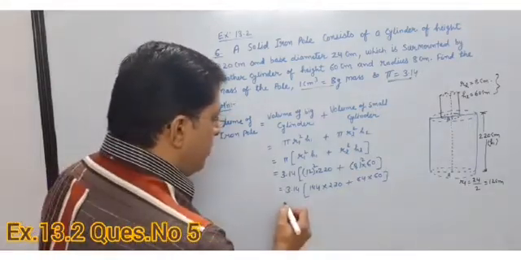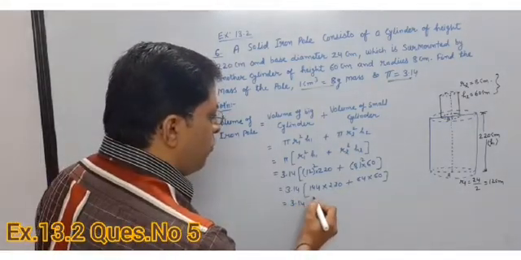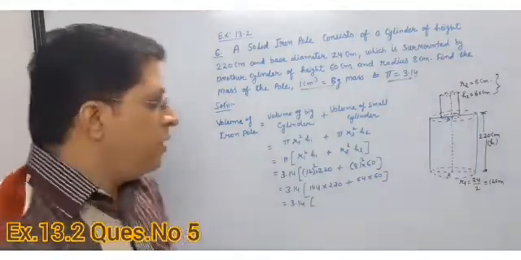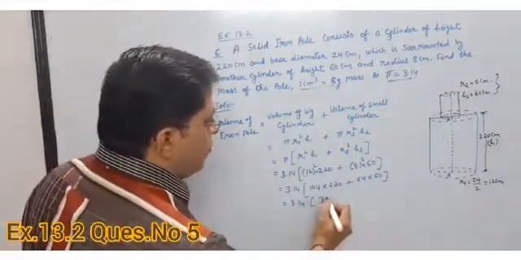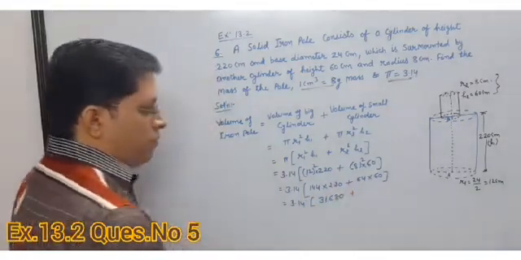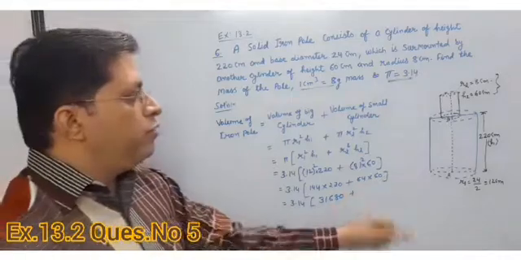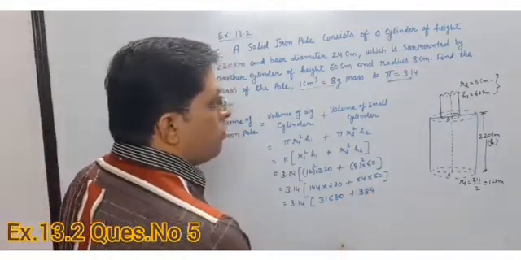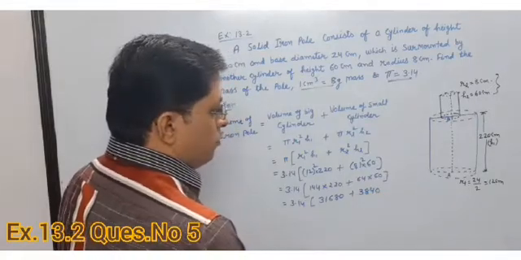Then multiplying it, 144 into 220 is 31680, plus 64 into 60 is 3840.